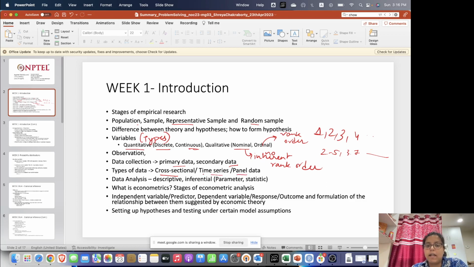Cross-sectional is observing, let's say, 500 individuals belonging to the same age. Time series data is observing one individual over time. If we combine both of these, we have panel data.